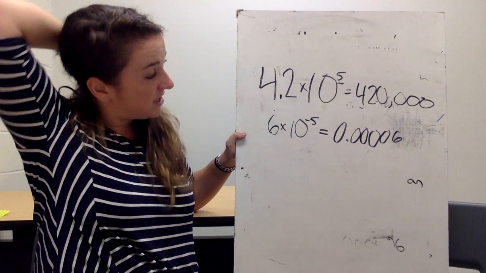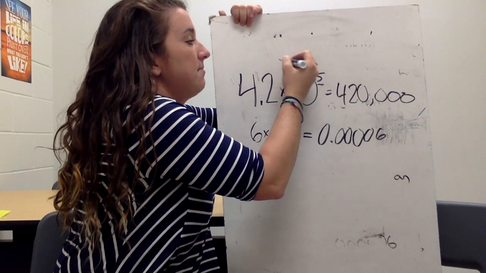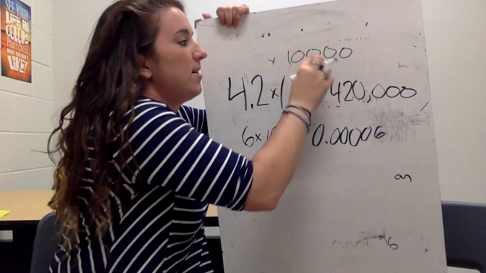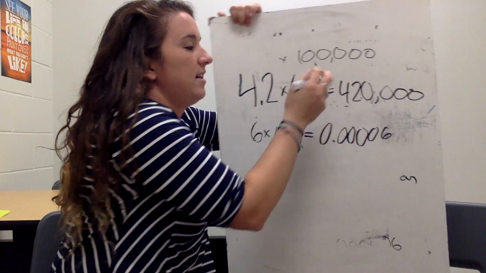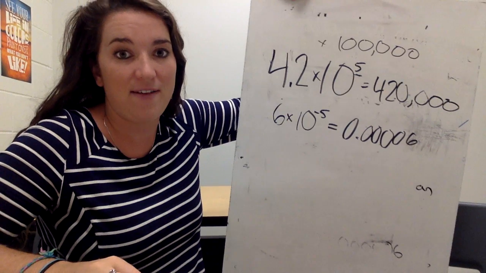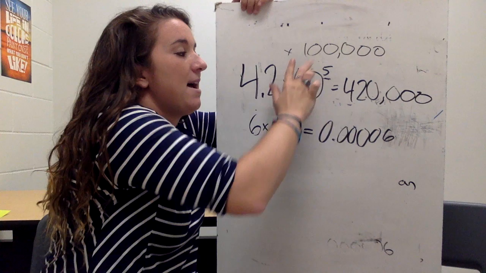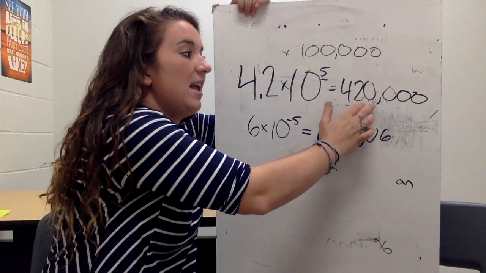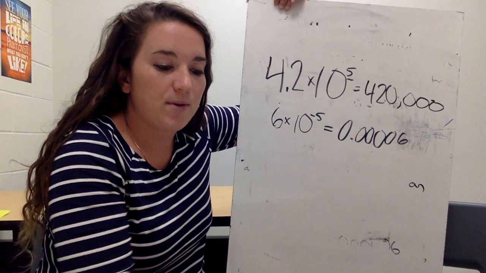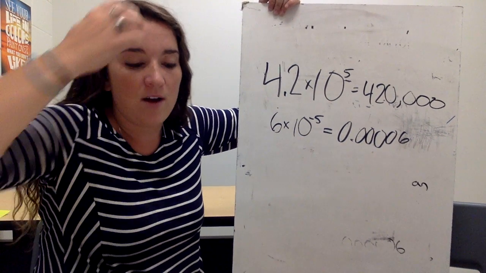Really big, because that means that we're multiplying 4.2 times 10 to the 5th power, which is 100,000. You can do that out on your calculator and you'll get that. So if we're multiplying this number by 100,000, it's really, really big. So answer question 1. When the exponent is positive, is the number really big or really small, and why?